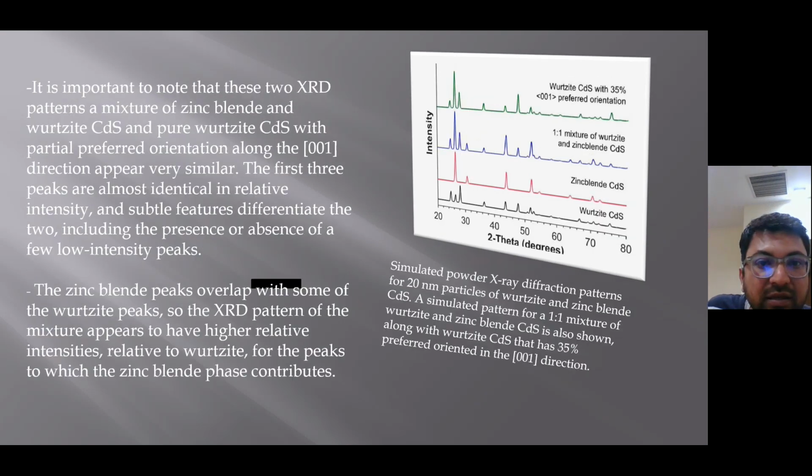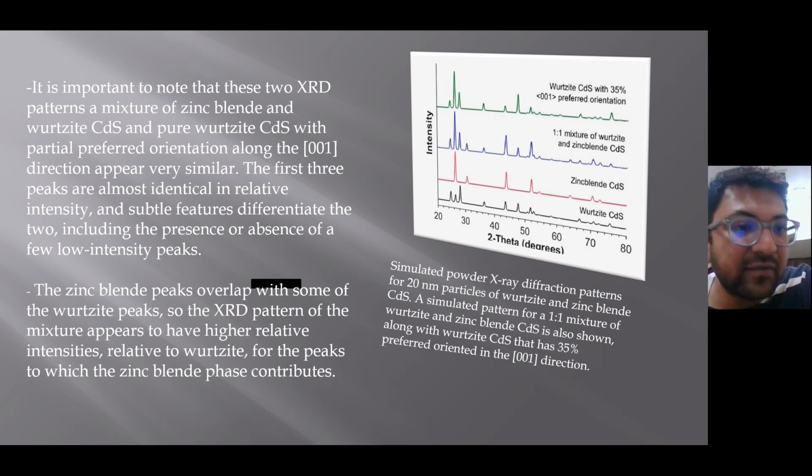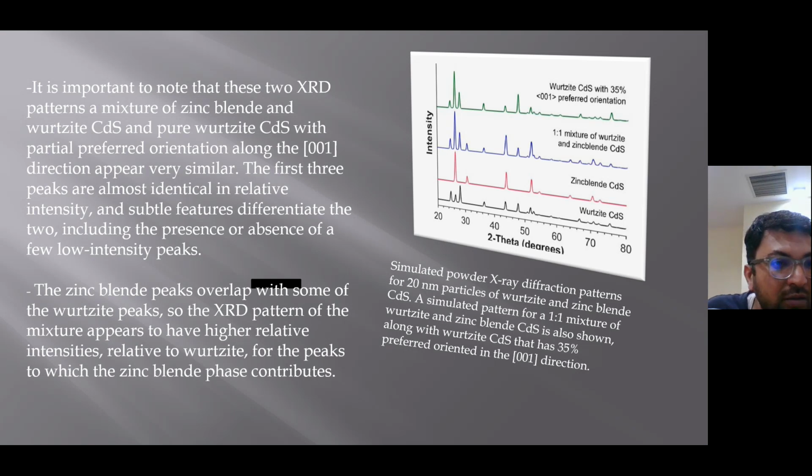And the last image shows it is important to note that these two XRD patterns are a mixture of zinc blende and wurtzite CdS, and the wurtzite CdS. This is the mixture of the sample, a mixture of these two, zinc sulfide and cadmium sulfide. The first three peaks are almost identical, the green one and the blue one.